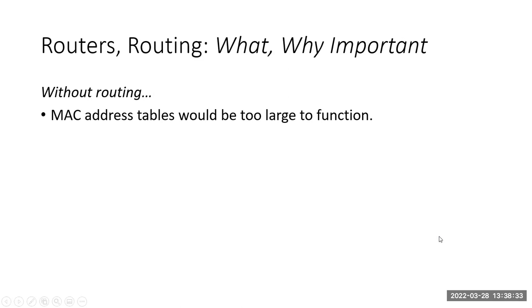You can't store specific information for 4,294,000,000 devices on every network device. Are you kidding me? I mean, do we know how much memory that would take? Just too much is the short answer, right? Just too much.